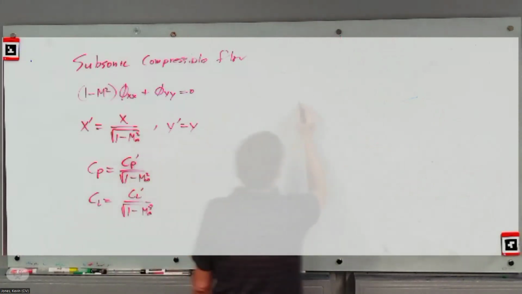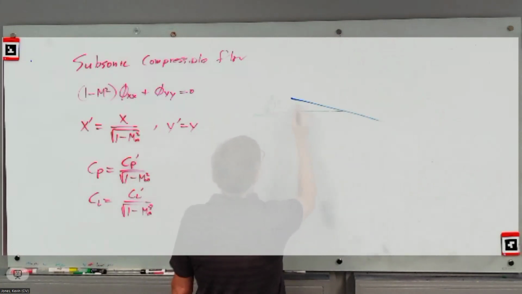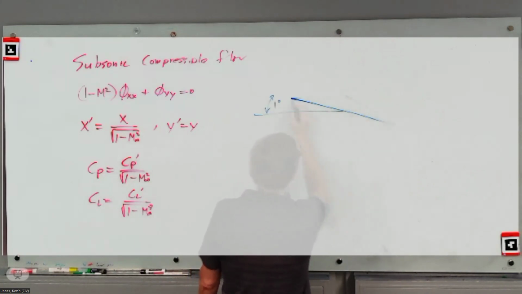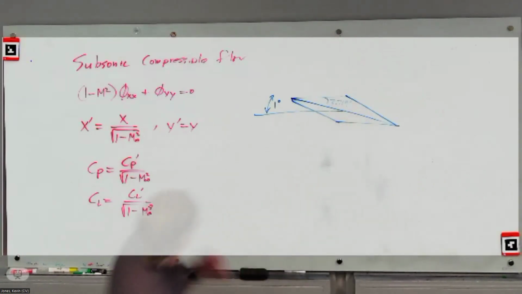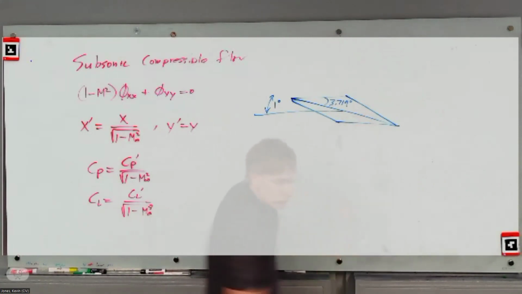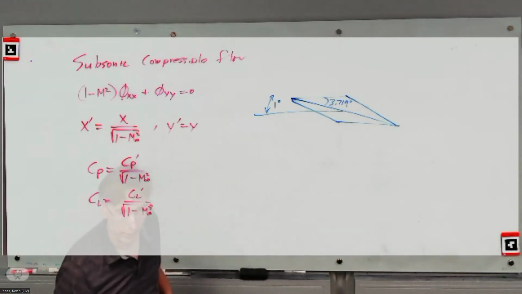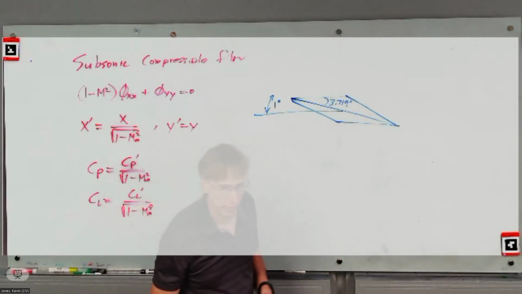So you've got, make it look bigger than it actually is, my 1 degree, my airfoil, and this is my 3.719 degrees. So when we get back to here, what did we have to do in the VT calculator?